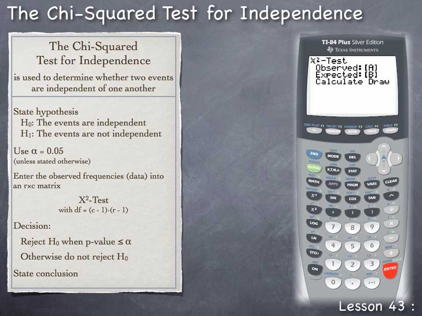Expected is where we tell the calculator which matrix we want it to store the calculations of the expected frequencies. Arrow down to calculate and press enter. And the results of the chi-squared test calculations are displayed, including the p-value, which we use to reach our decision by comparing it to alpha, the level of significance.